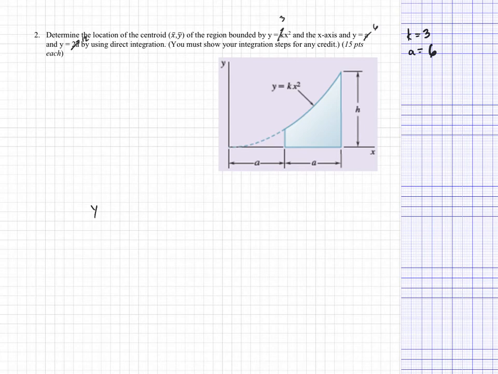Maybe we should start with x bar. x bar equals the integral of x tilde dA over the integral of dA, and y bar equals the integral of y tilde dA over the integral of dA.